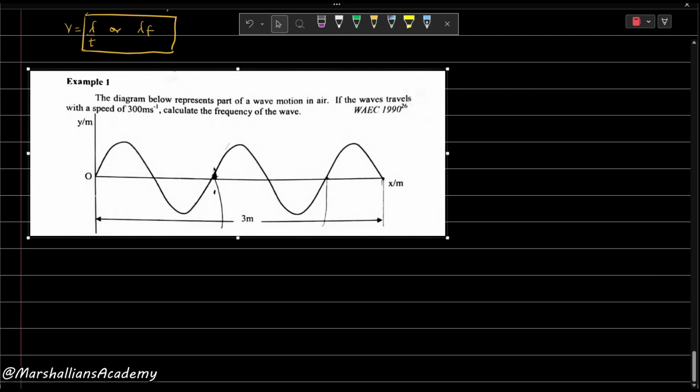Now, they said the diagram below shows a part of a wave motion in air. They said if this wave travels with a speed of 300 meters per second, calculate the frequency.